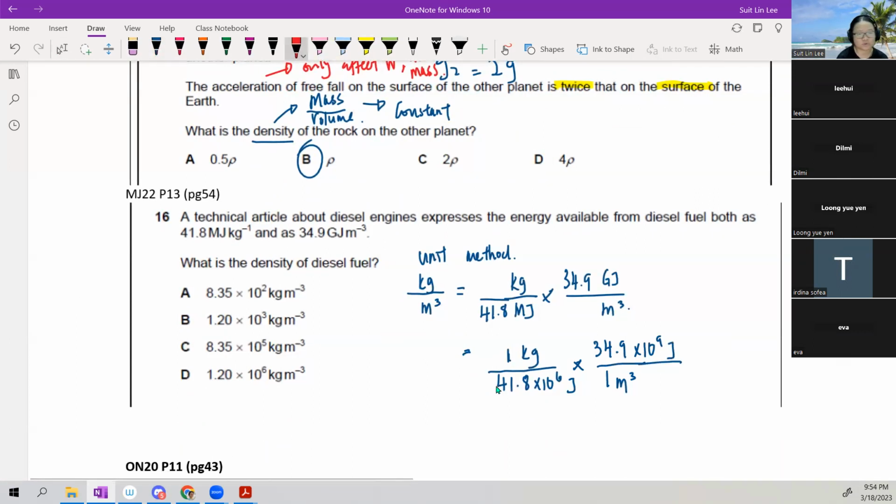The unit for joules is not necessary when representing density. So what do I have left for density? I will have 34.9 times 10 to the power of 9 divided by 41.8 times 10 to the power of 6. On top, there is still 1 kg. Below, there is still 1 meter cube.